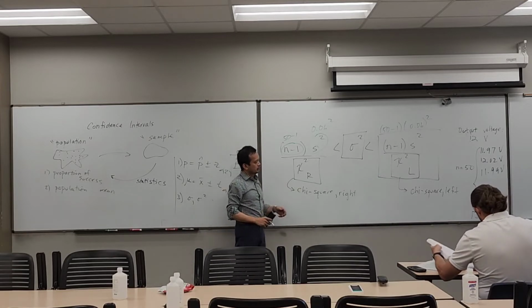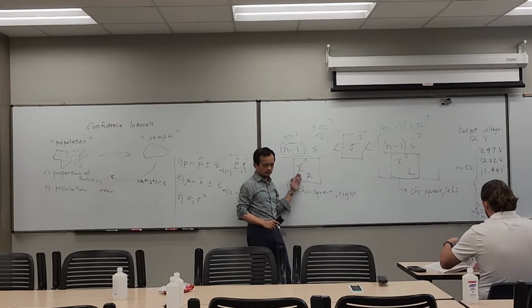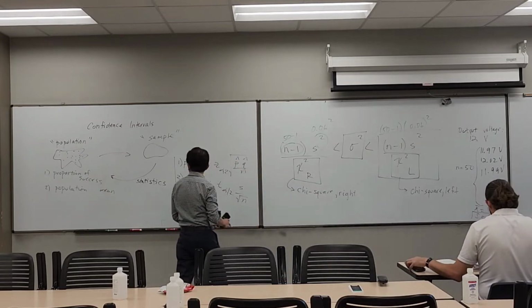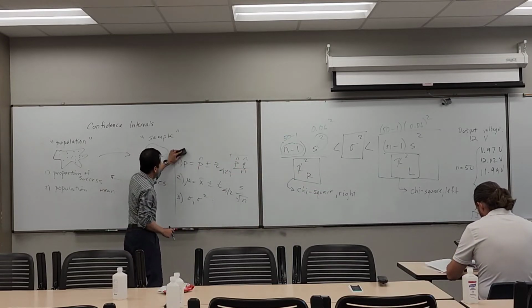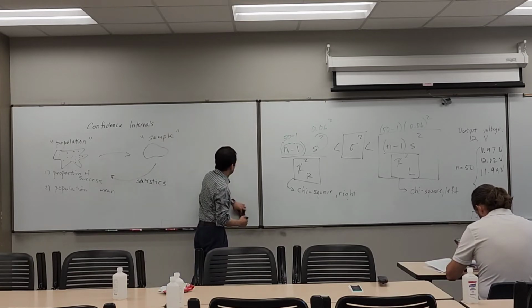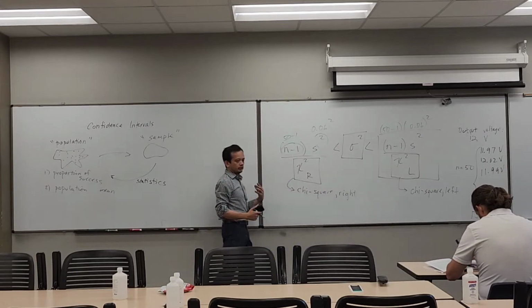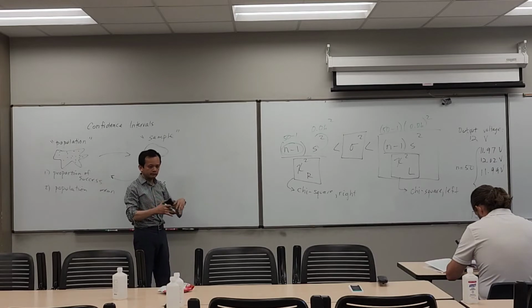Okay, so now we have all the numbers we need except for the chi-square values in the denominator. So let's talk about what the chi-square values mean. Anytime you see a chi-square value or chi-square statistic, what this pertains to is a new kind of distribution.